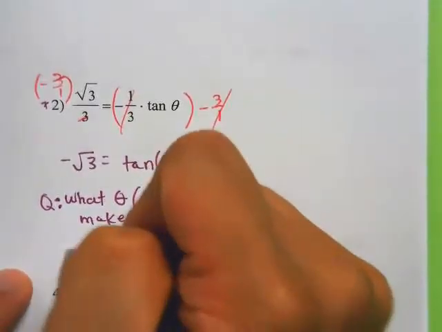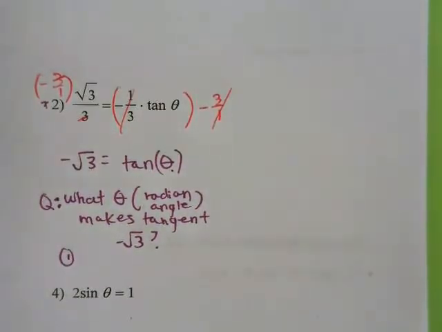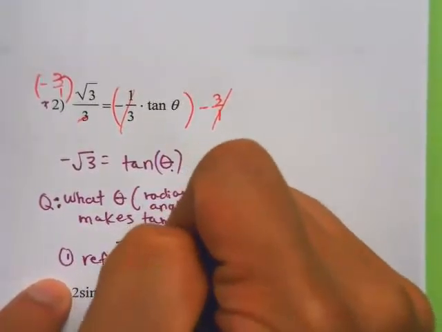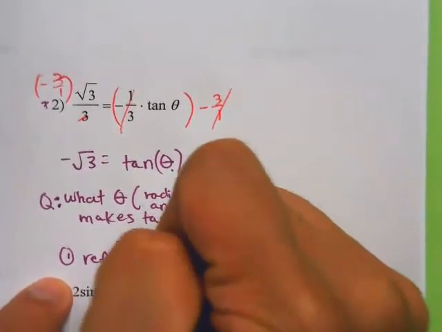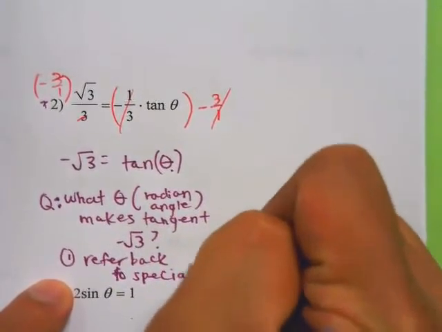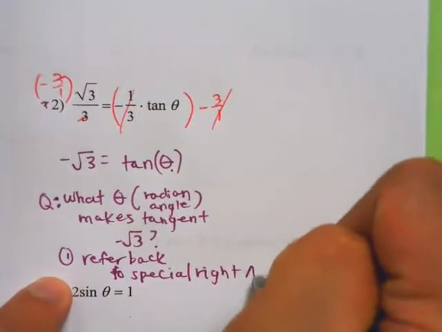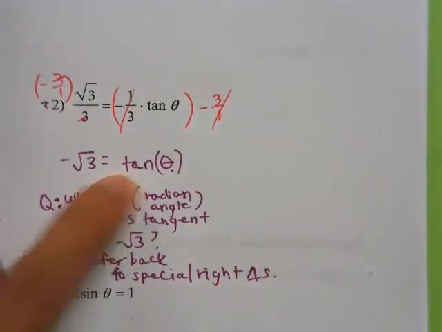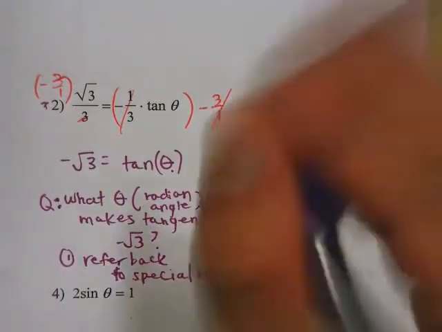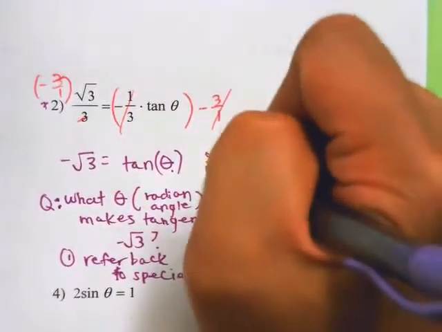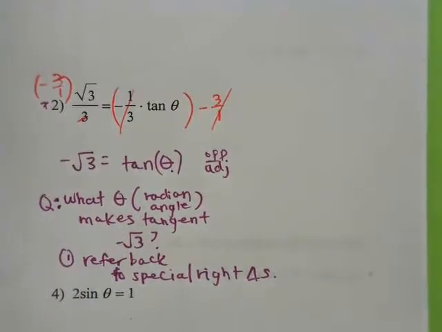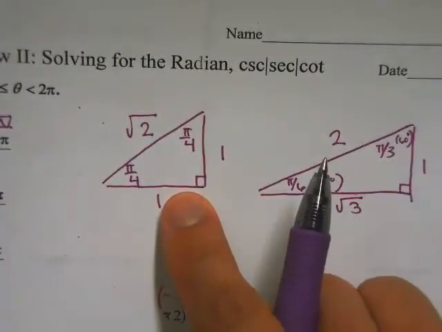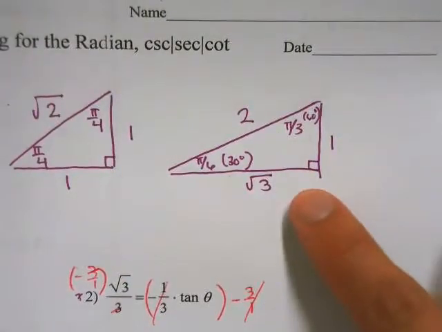My steps are that I usually go back and refer to the special right triangles, and I want to see how I can create square root of 3 using our tangent ratio, opposite over adjacent. Okay, so this is opposite over adjacent, TOA, SOHCAHTOA. The only one that has square root of 3 is this one, so I'm not even going to look at this one because it does not have a square root of 3.